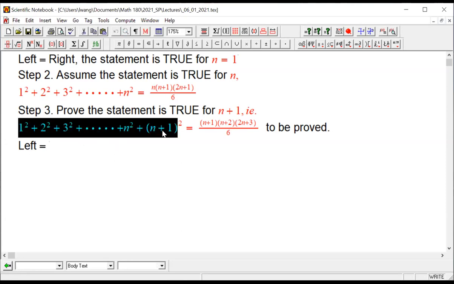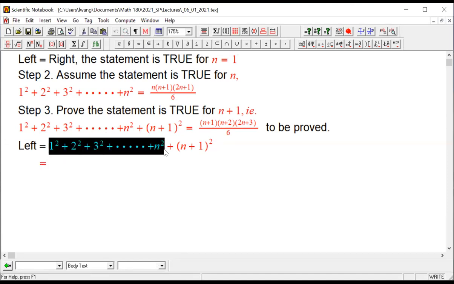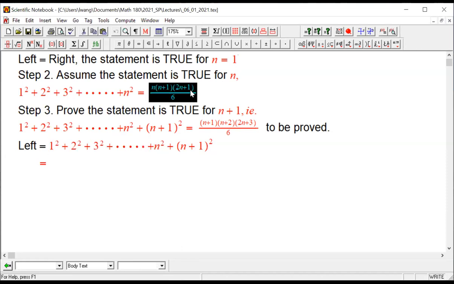The left is the sum of squares of the first n plus 1 natural numbers. But because of the assumption, we know the sum of squares of the first n natural numbers is this guy, assumed. So we can apply that.